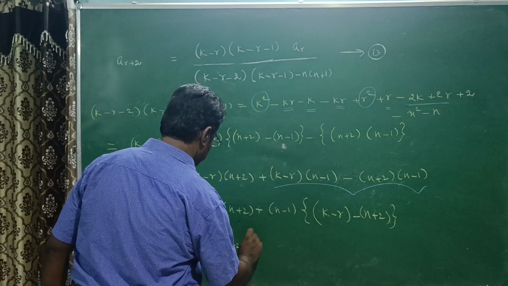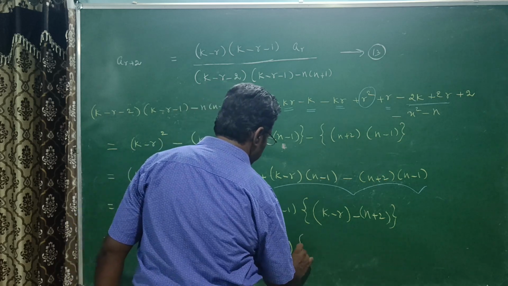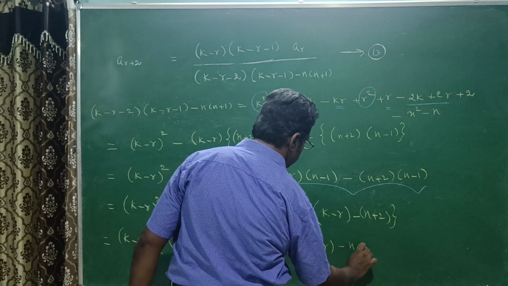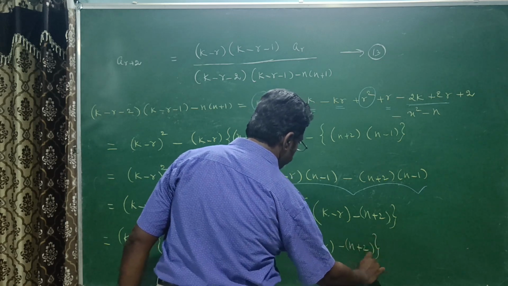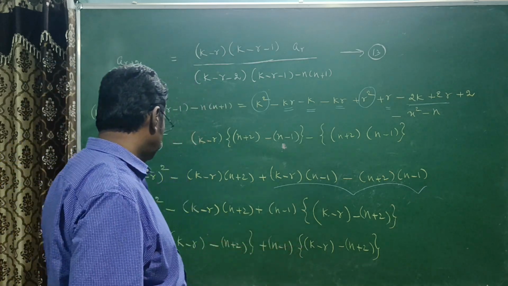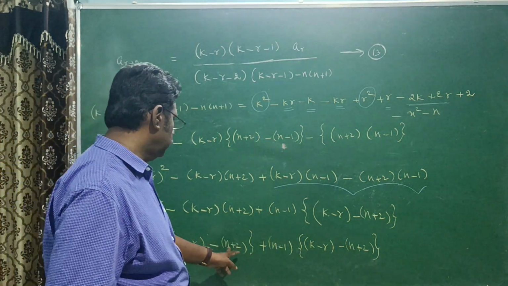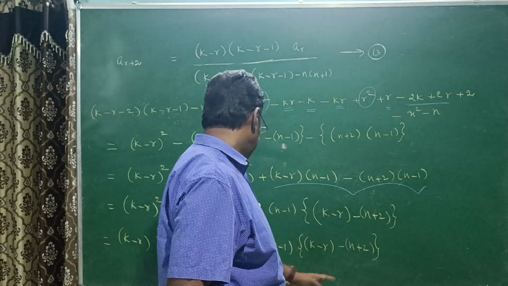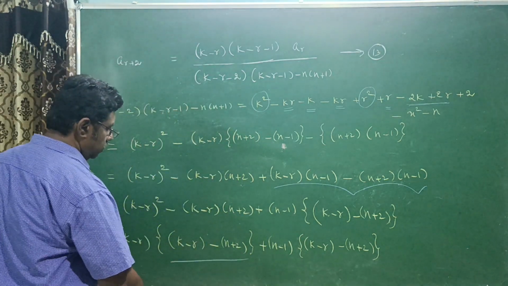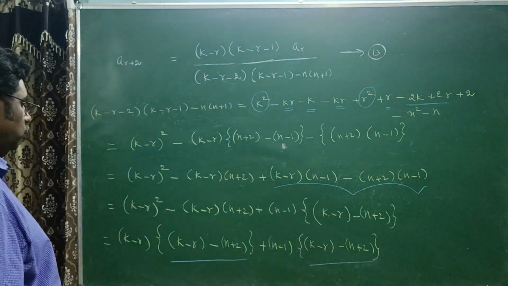Here (n minus 1) into (k minus r minus (n plus 2)). If you take this k minus r outside, once again we get k minus r minus (n plus 2), here also k minus r minus (n plus 2). Now we may take this k minus r minus (n plus 2) as a common term. From these two we may combine.